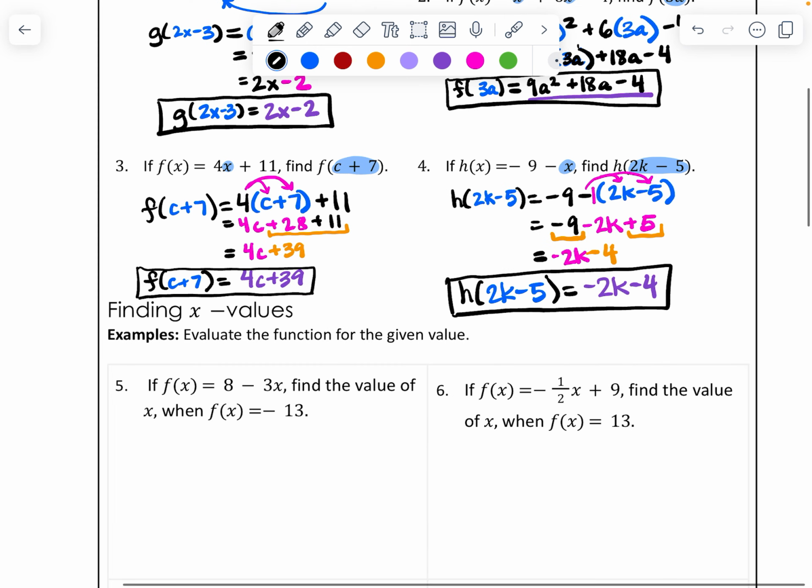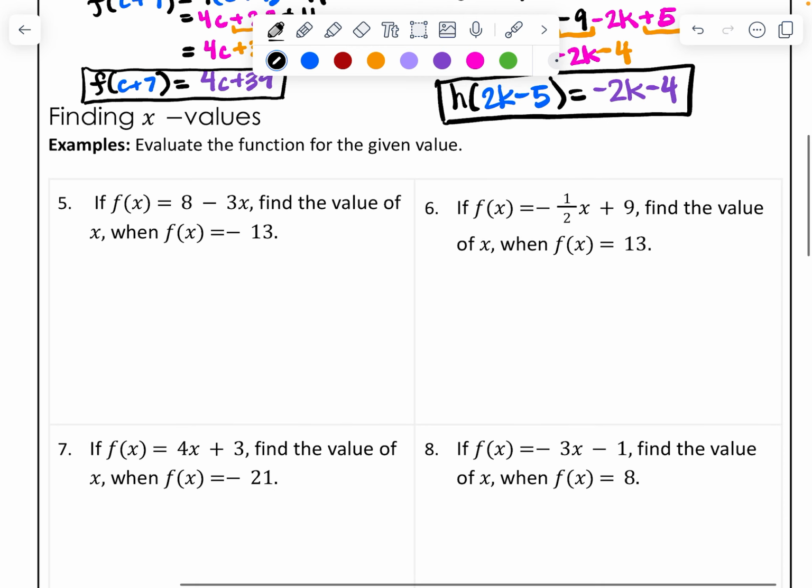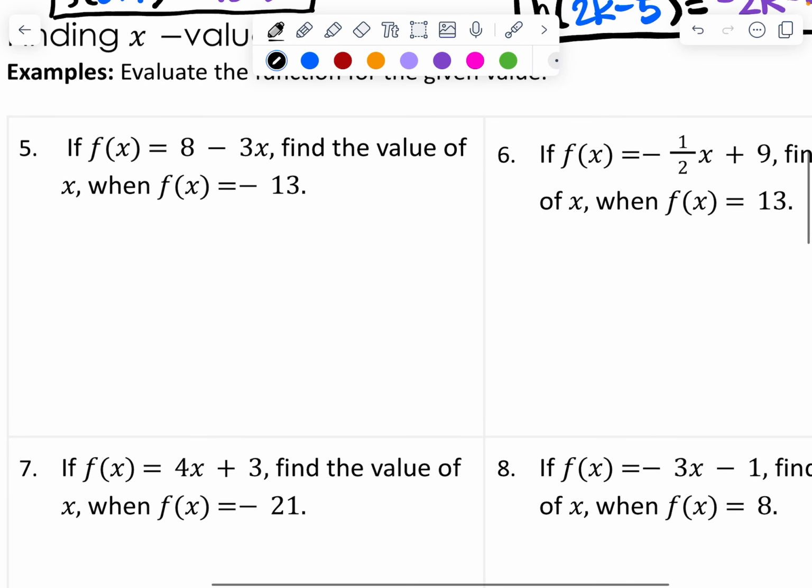So that's evaluating functions algebraically when the input has a variable. Now we're going to be finding x values. So we're solving for the input given the output. If f of x equals 8 minus 3x, find the value of x when f of x equals -13. So this is already telling you what the output is. Look at these statements here.